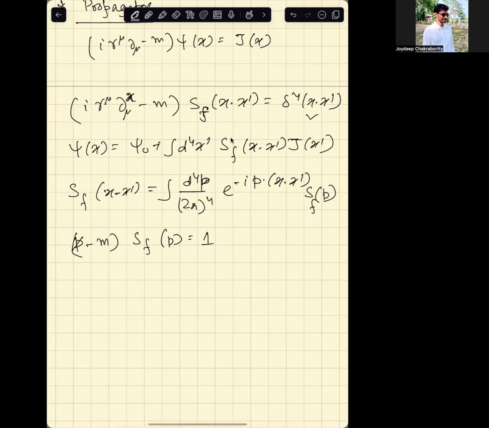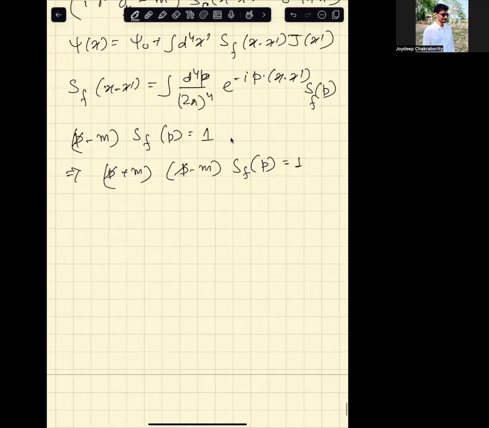So now what you do, you apply the (p̸ + m) operator from both ends. So (p̸ + m)(p̸ − m) S_F(p) equal to (p̸ + m). And now (p̸ + m)(p̸ − m) becomes p² − m². This is exactly the similar structure that you find for the Klein-Gordon field, right?